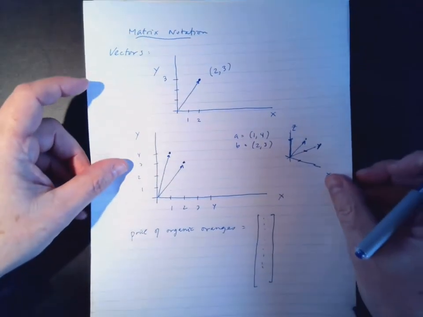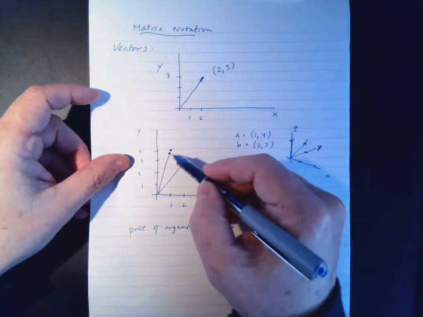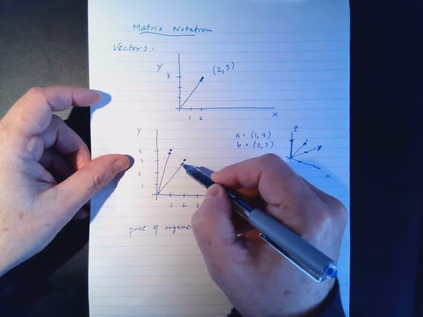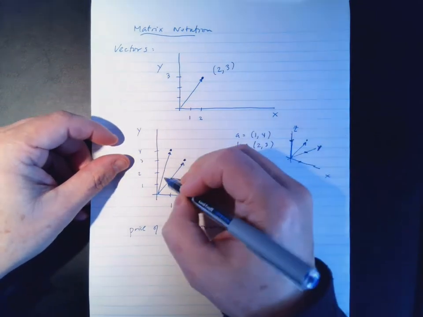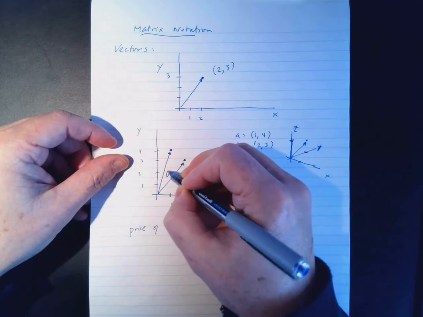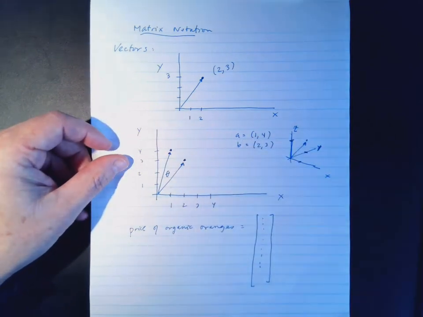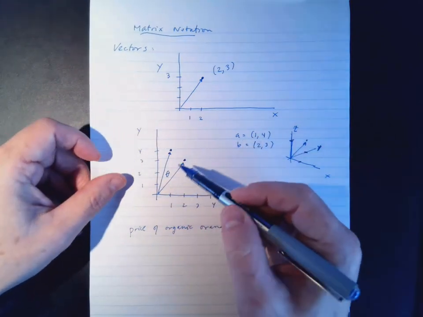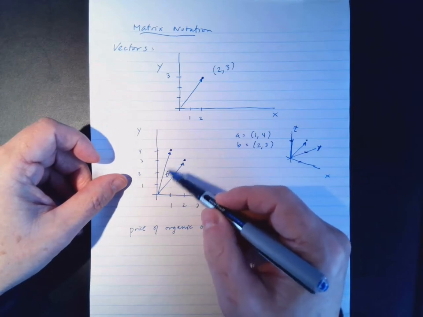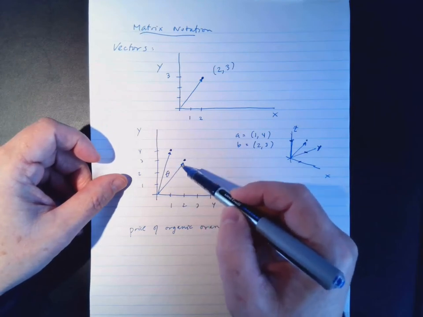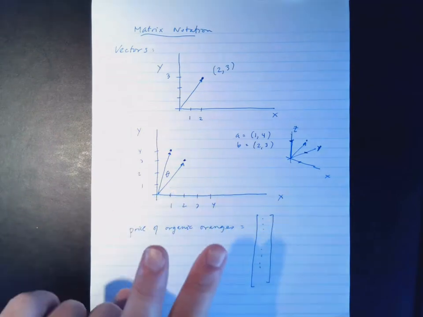If I go back here, you'll notice that when we draw these arrows, there's also an angle in between them. The angle, you can think of that as summarizing the way the two line up.